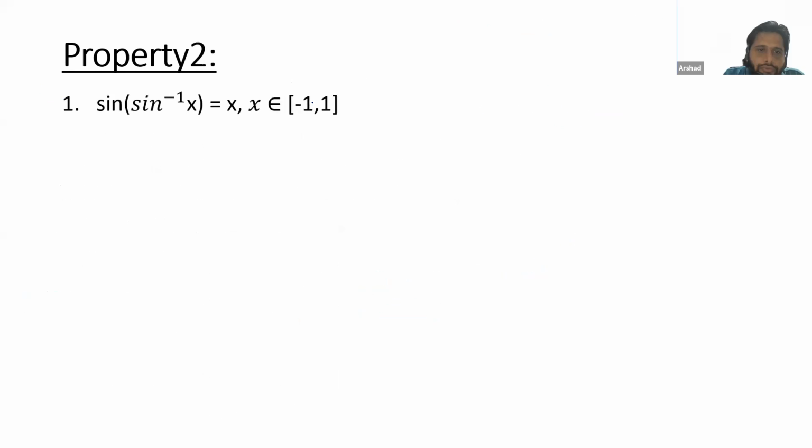Yes, sir. Okay, great. So we have one more property. Next is sine of sine inverse x is equal to x. So always remember one thing. If you have sine theta and if you have sine inverse x, then in place of theta, you need to put the angles. For example, 30 degree, 40 degree, 45 degree.